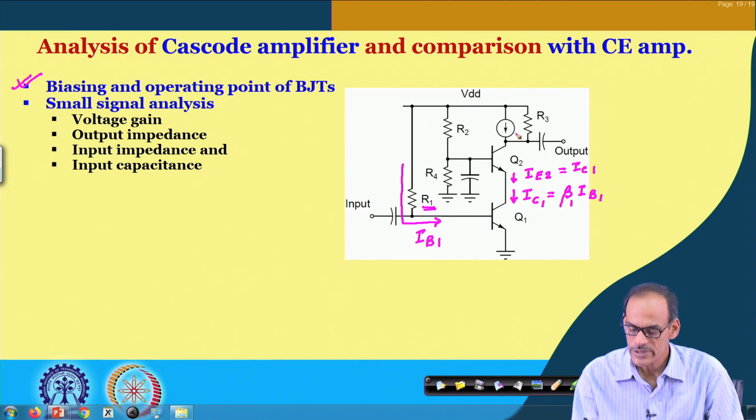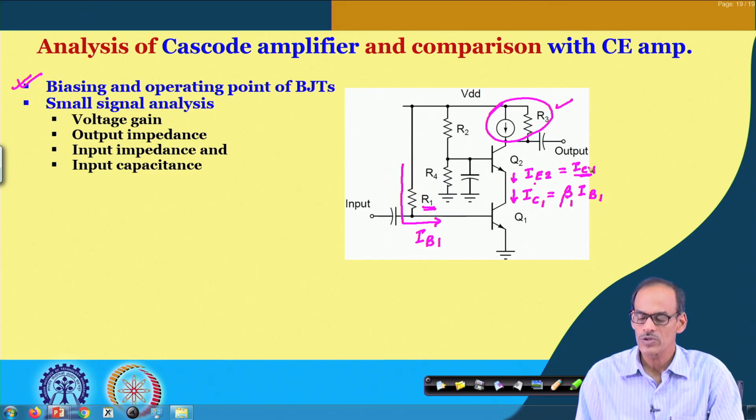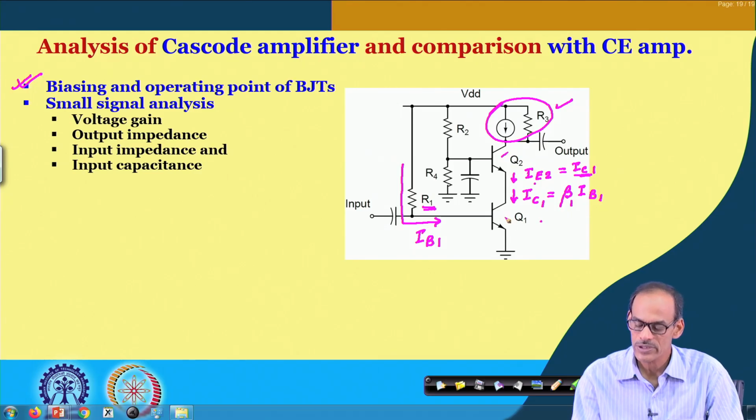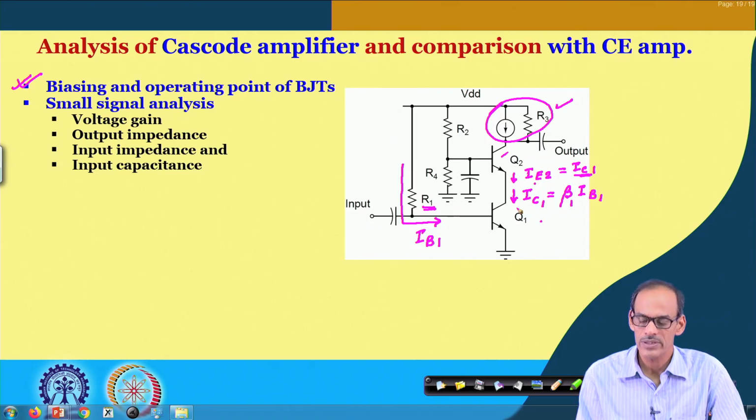Now, this current, of course, should be consistent with whatever current we have here. As long as we make sure that this current is consistent with IC1, we do not have any problem. But if there is any mismatch, then maybe this transistor or this transistor may be pushed into saturated condition, and that may create ill operation of the circuit. So, definitely while we are making this biasing, we need to be careful about that.